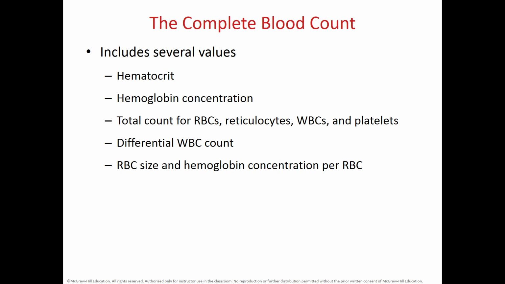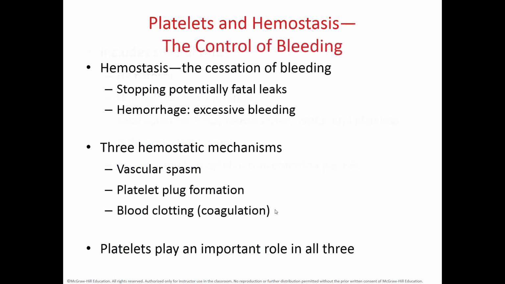It will include hematocrit, hemoglobin concentration, your total number of red blood cells, reticulocytes, white blood cells, including the differential, the platelet numbers, and it will include also the size of the red blood cells and hemoglobin concentration per red blood cell, so you can have a good diagnostic tool.